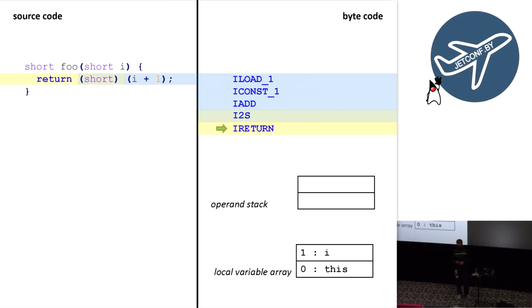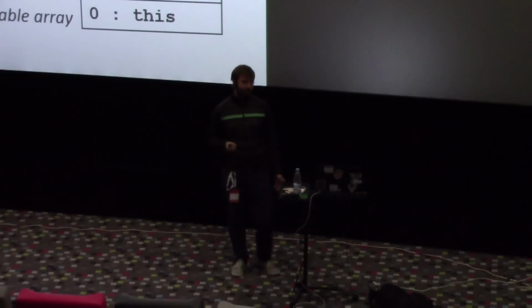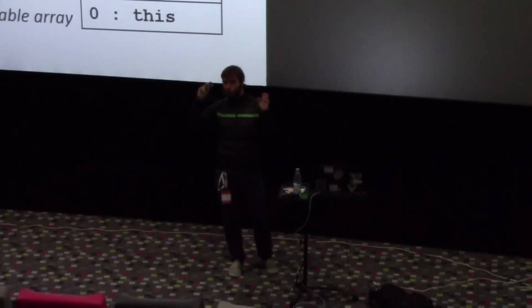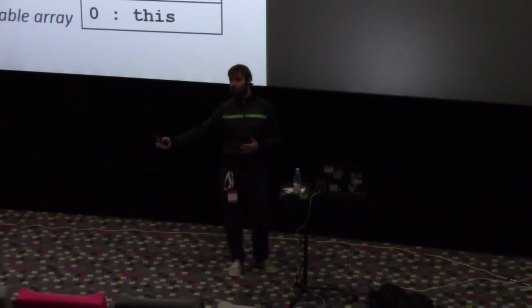And if you want to mess around with your colleagues, for example, you can manipulate the bytecode to just remove the I2S instruction. The method that is supposed to return a short can then actually return a value that is too big. That's of course unexpected. If you call a method, you expect a short, and it's of the value integer max, right?